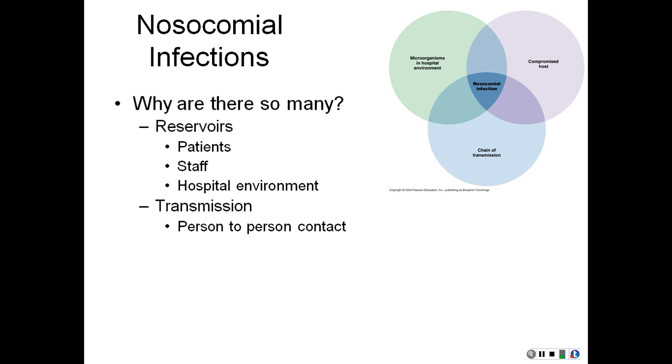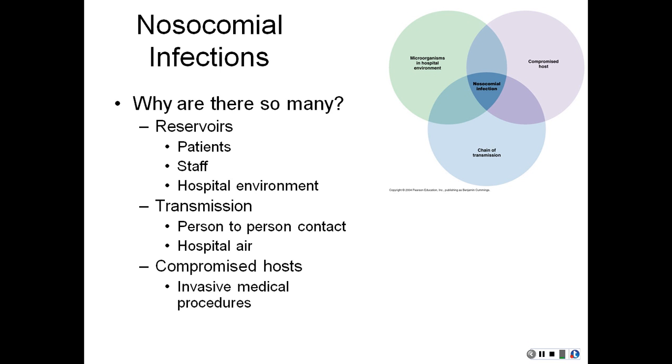And then transmission, lots of person-to-person contact. You also have people sharing and breathing the same air. So if somebody's sick and they're coughing, other people in their room could be breathing that air. And then, as I said, compromised hosts, invasive medical procedures, you can have burn victims, you can have people who are immunocompromised. So there's your trifecta.